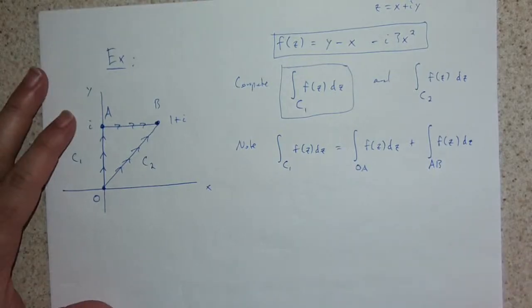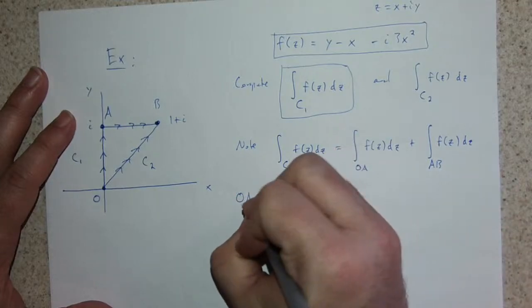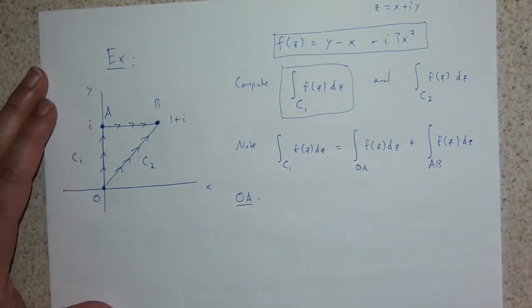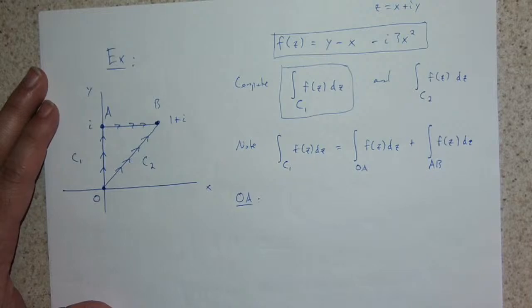Well, the idea here is, OA, parametrically, how would I describe that? Well, really, x is 0 this entire time. The only thing that changes is y. So 0y is the parametric representation of what's going on here.